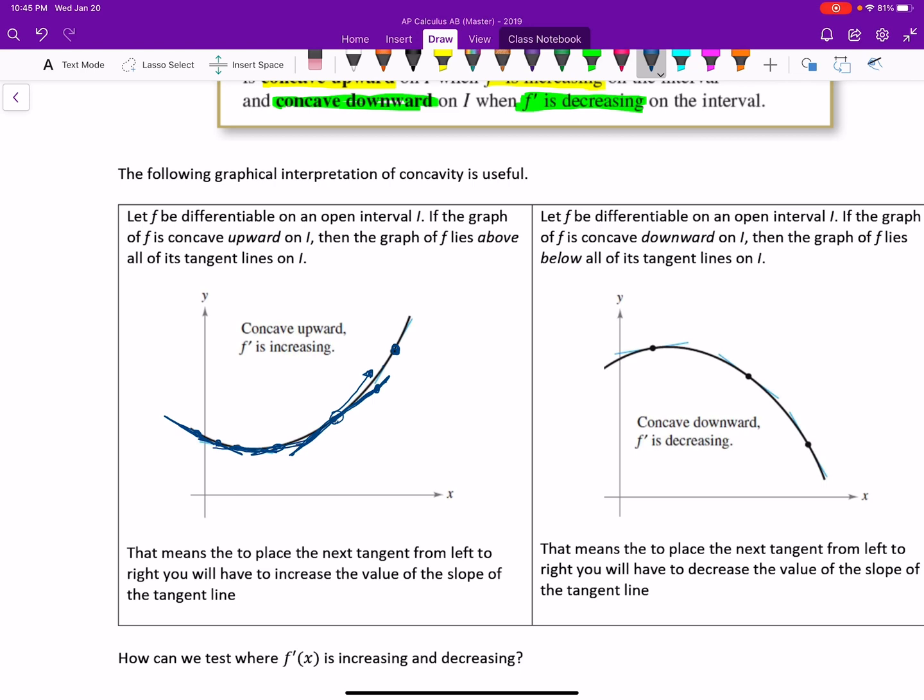As I keep moving the point of tangency to the right, because the curve is always above the tangent lines, the slopes will end up being steeper because the next point is above the previous point.